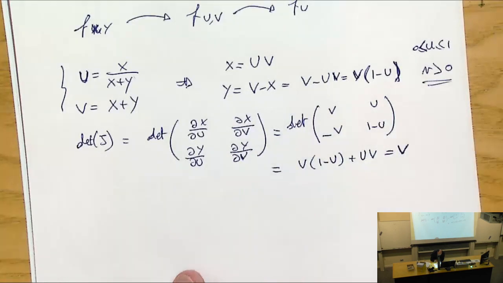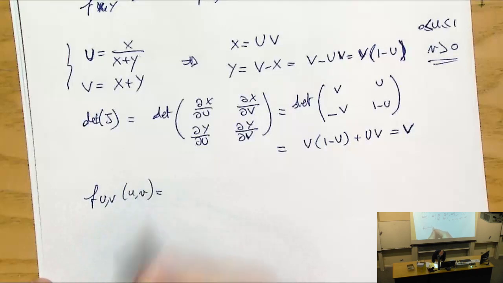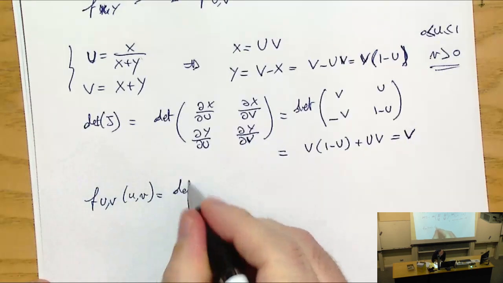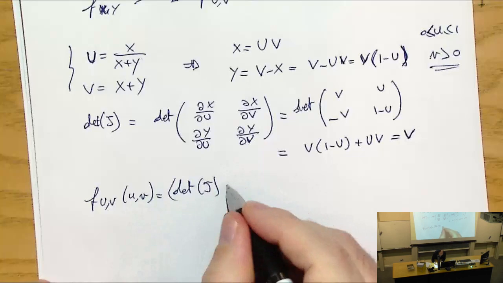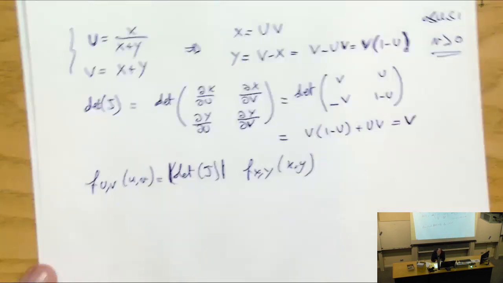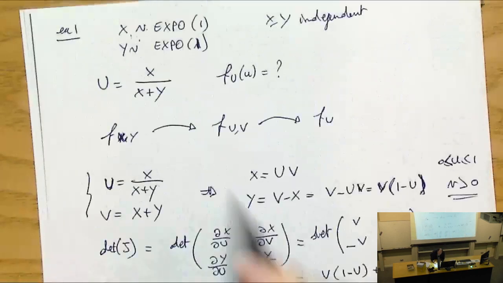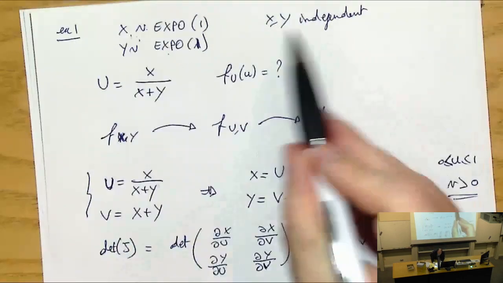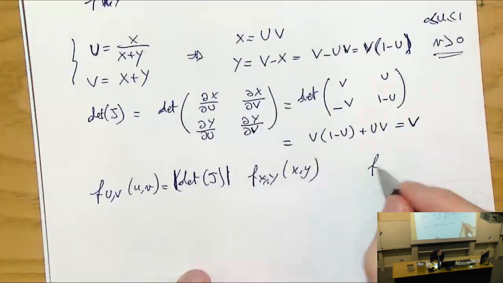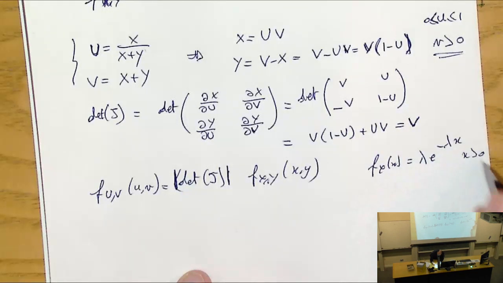It's indeed positive. v is always positive. So now I can write the joint PDF of u, v is equal to the absolute value of the determinant of J, multiplied by the joint probability density function of x and y. How can we build this when we know that both are exponentially distributed and independent? So I can write f_X of x is lambda e to the minus lambda x for x positive, f_Y of y is lambda e to the minus lambda y for y positive.